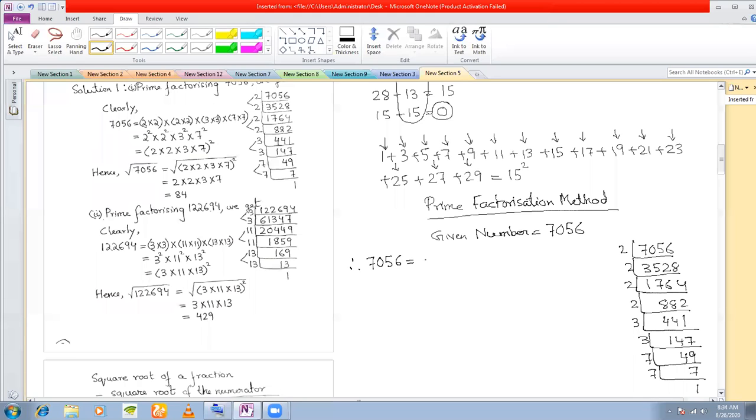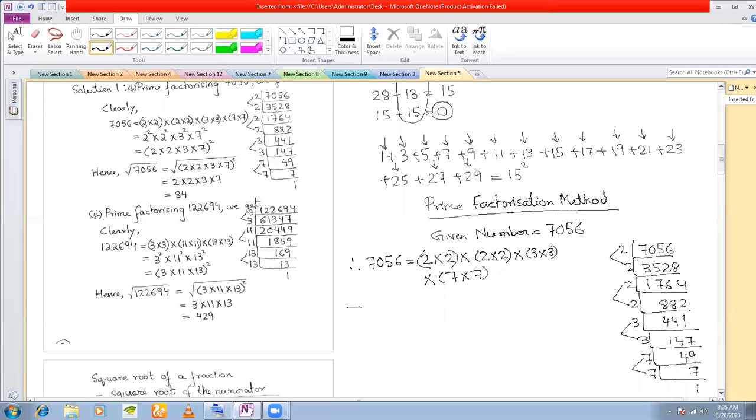So therefore, what is 7056? 7056 is taken in pairs of equal primes. 2 into 2, 2 into 2, 3 into 3, and 7 into 7.